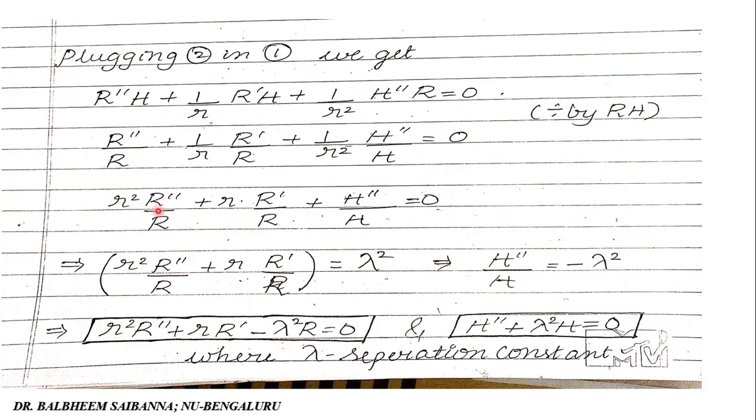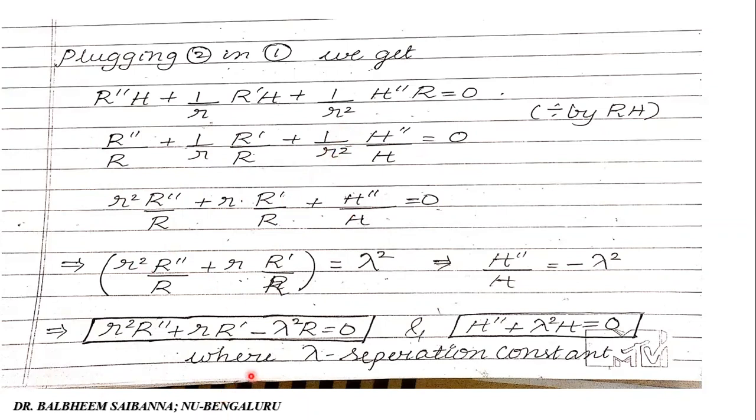Then taking the LCM r square, that is, multiply each term by r square, we get r square R double dash by R plus r R dash by R plus H double dash by H, where r square by r square gets cancelled.